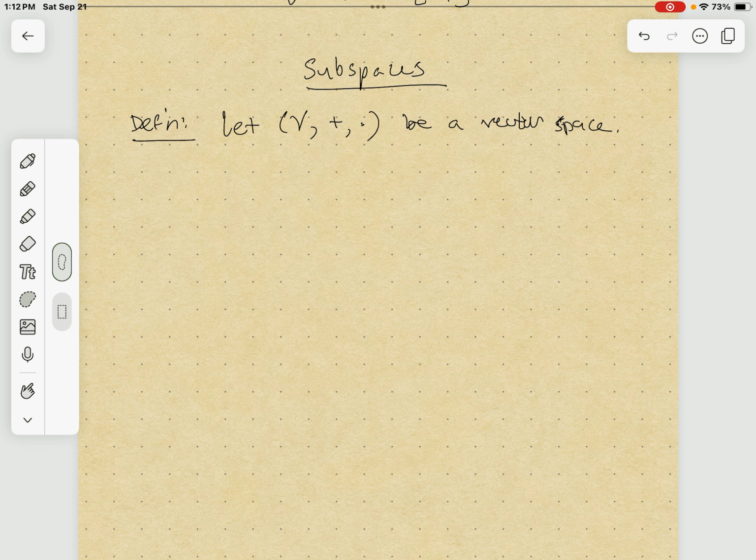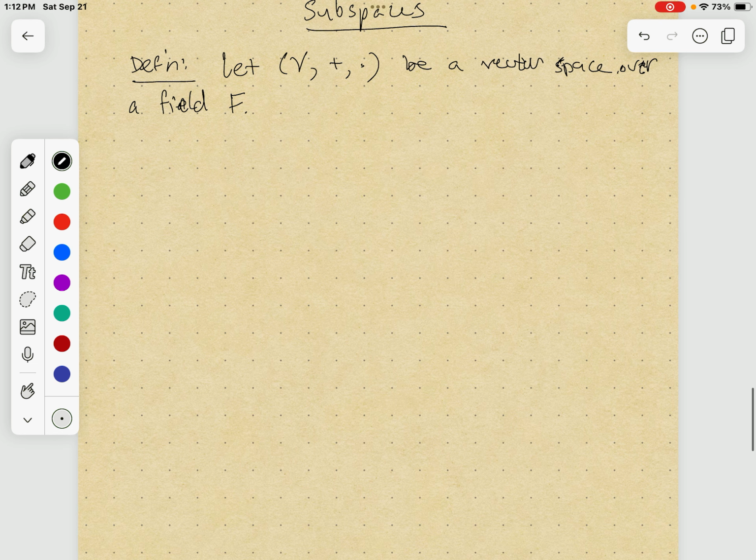Okay, so let this be a vector space over a field F. Every vector space is over a field. When we say let this be a vector space over a field F, what we really mean is, let F be the field that the vector space is over.